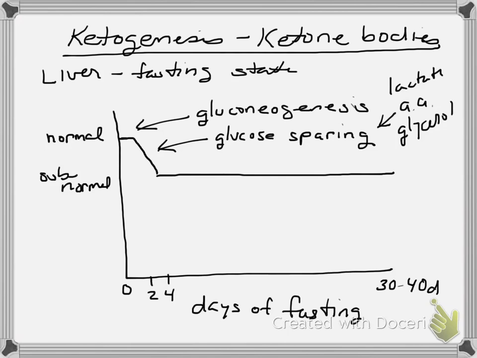Now, the drop in glucose from normal to subnormal levels is insufficient for normal brain function, metabolic function. So there has to be some other fuel source that is taking up this slack.